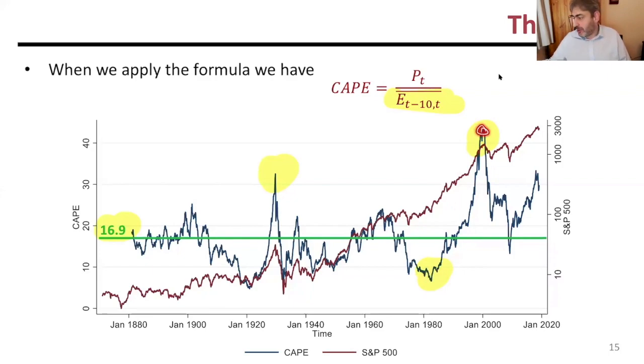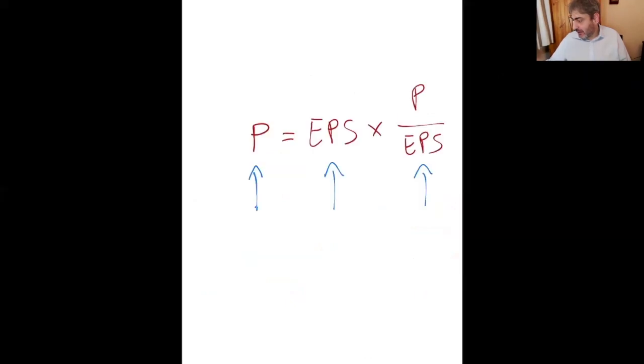But here, in January 2000, investors are willing to pay $40 for every dollar of earning per share. Okay, so valuation change captures exactly this idea: that you may have, in a specific period of time, a change in the amount that investors are willing to pay for the same amount of earnings.